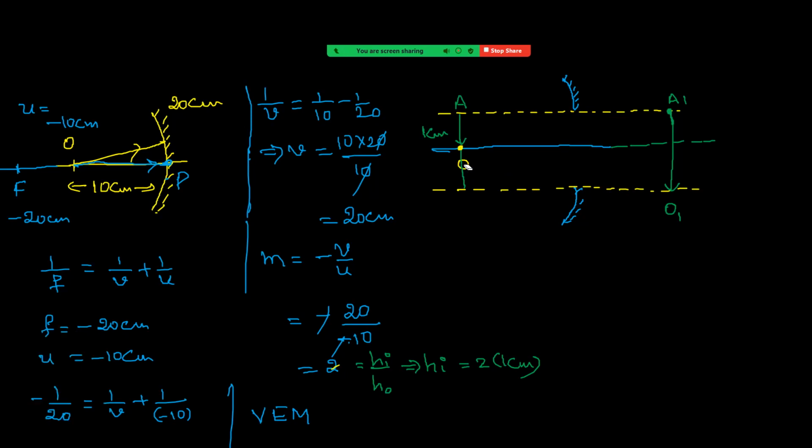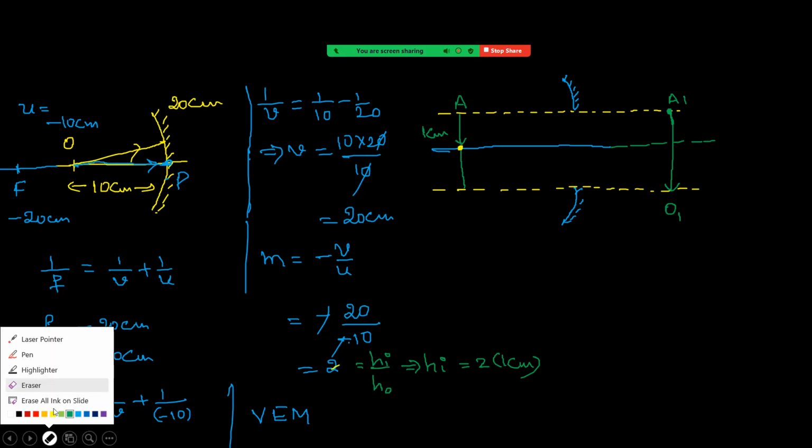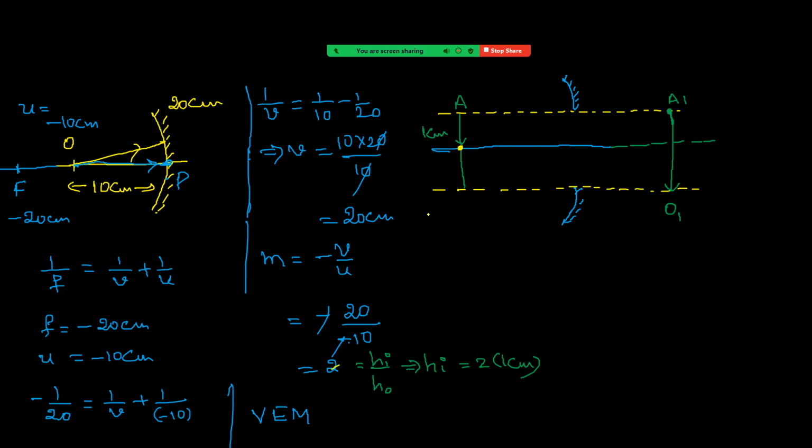See carefully. It is an object of height 1 centimeter. That is called B. The object is now BO. Height is 1 centimeter.